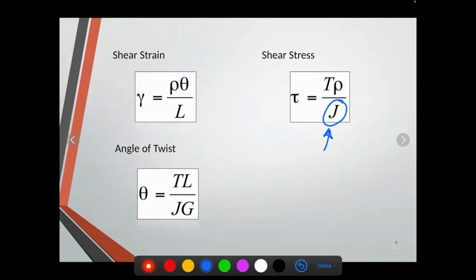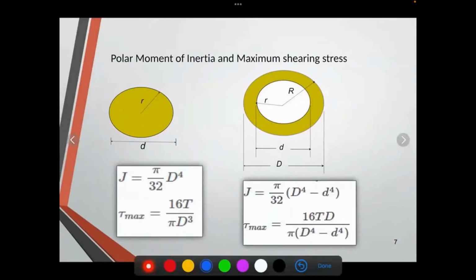Kasi dependent to sa cross-section, so dependent to sa shape. So since ang shape lang naman na i-consider natin is a circle, so ito siya. So this will be the polar moment of inertia for say a solid circle, and for a hollow circle we will have this equation.